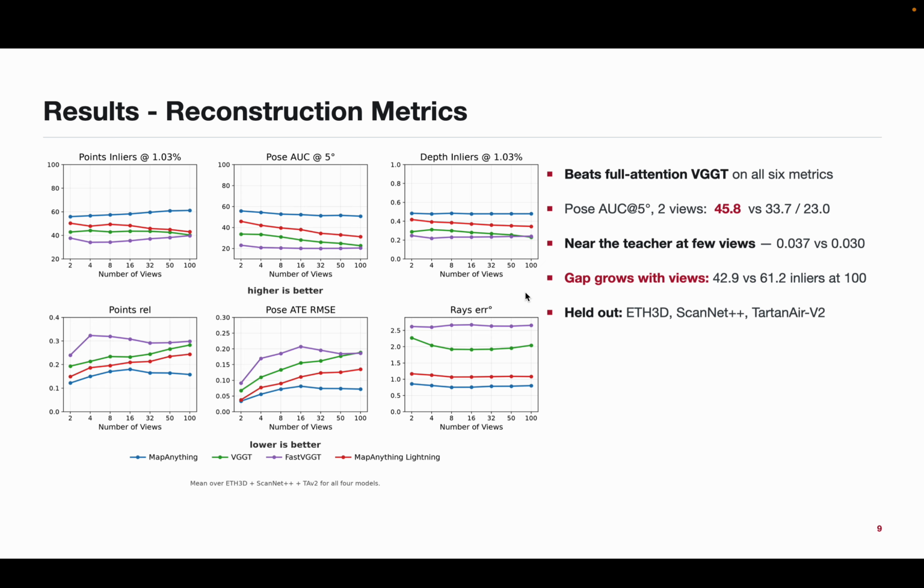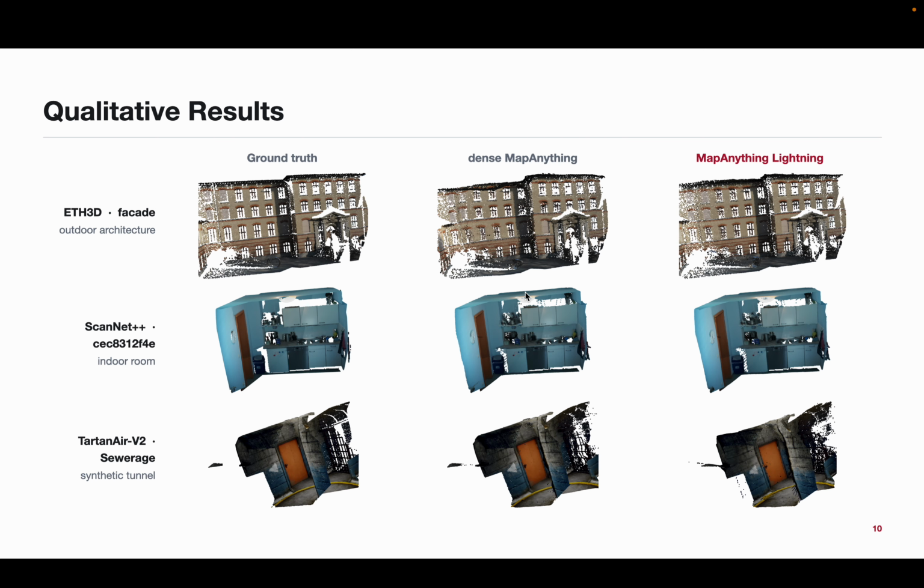However, which I will note further in the limitations, we see that currently there is a decline in the performance of the sparse attention on more views, and we will address that further.